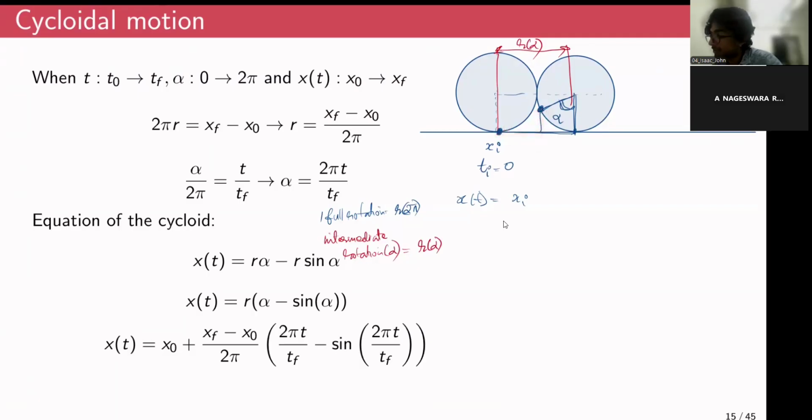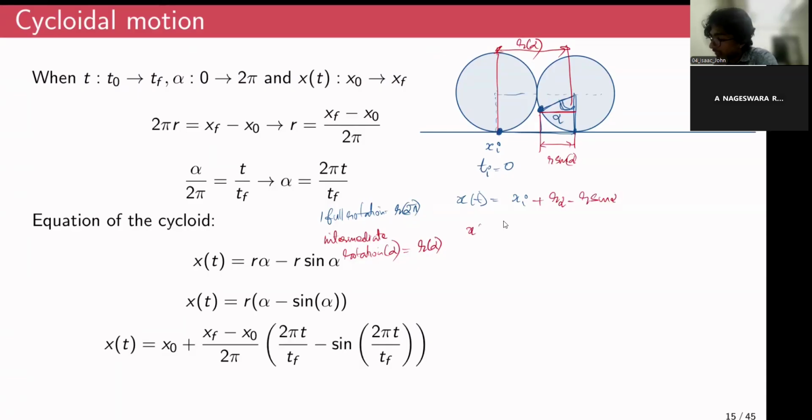So what we have to do is subtract from this r alpha this distance, which is nothing but, if you consider this to be the right angle triangle, r sine alpha. So your trajectory would look something like x equals xi plus r alpha minus r sine alpha.